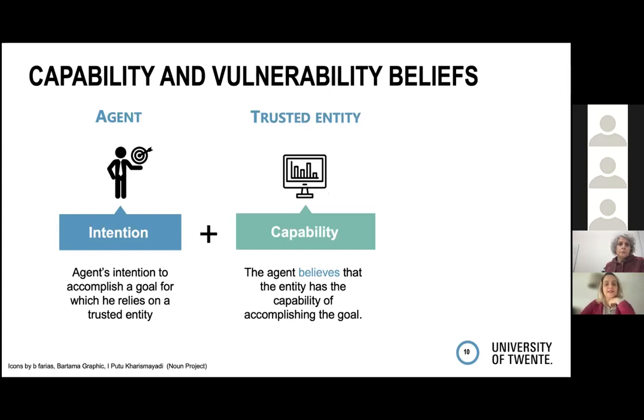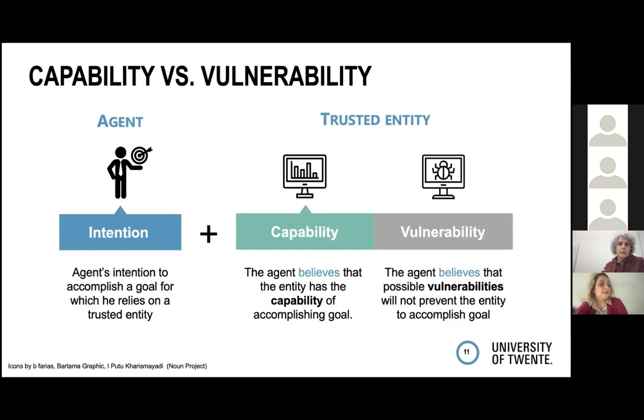And besides this belief that the system can do something that he wants, the agent also has a belief that possible vulnerabilities that are pertinent to the context of such system will not prevent the entity from accomplishing the goals.